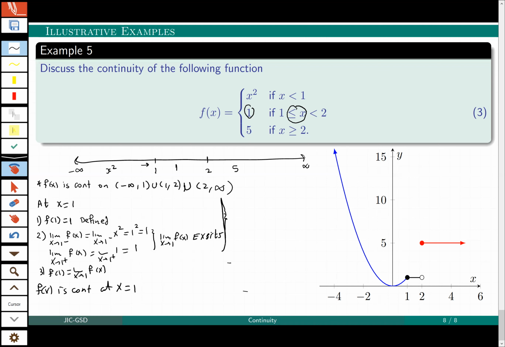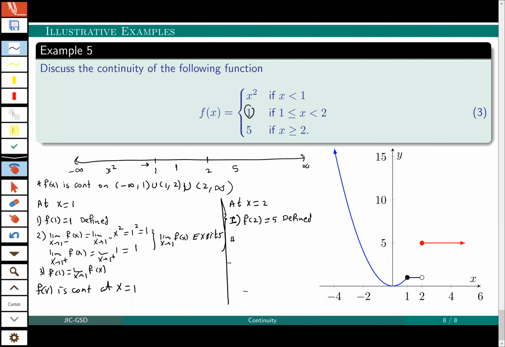Now, what about at x equal to 2? We need to discuss the continuity at x equal to 2. The first condition is what is f at 2? F at 2, it says it's equal to 5, so it's defined.